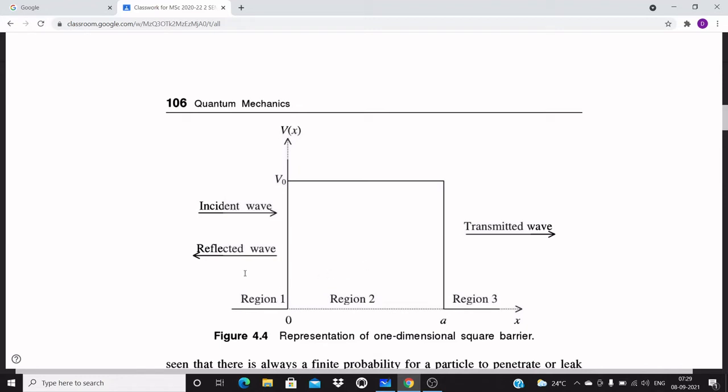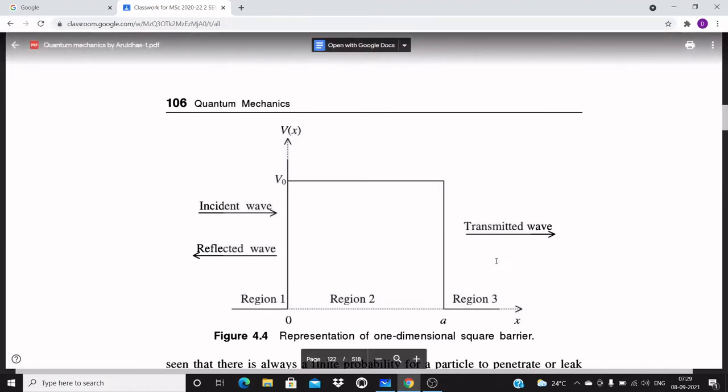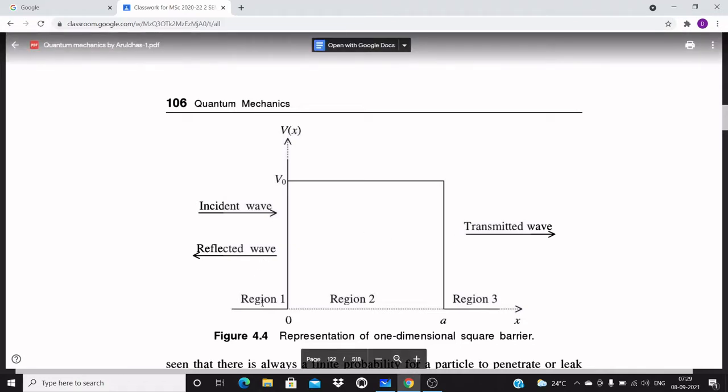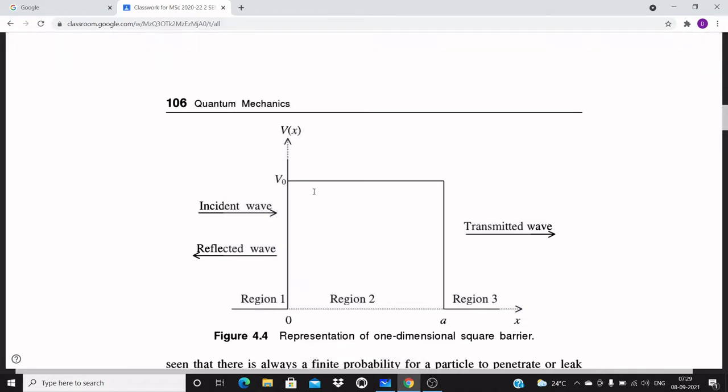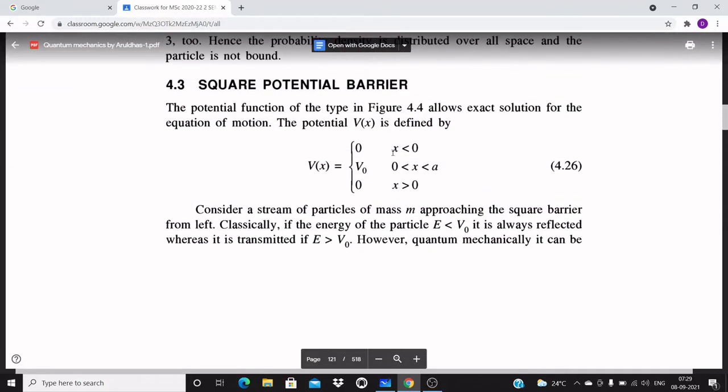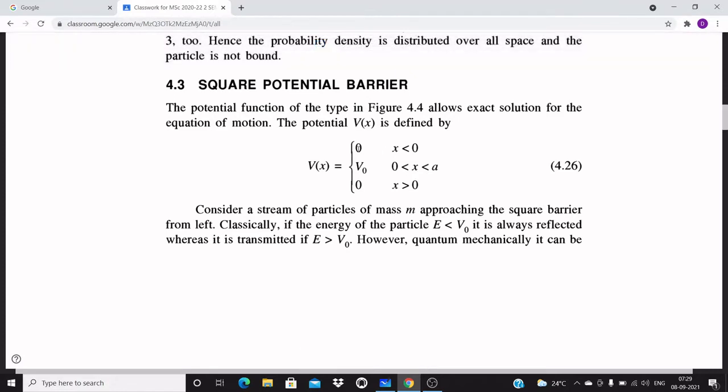Region 1 and region 3 do not have any potential, so we can call V equal to 0. But in region 2 we have a barrier of V0. That is what we have defined here. For x less than 0, V of x is equal to 0. For 0 less than x less than a, we have V0. And for x greater than a, again we have potential 0.